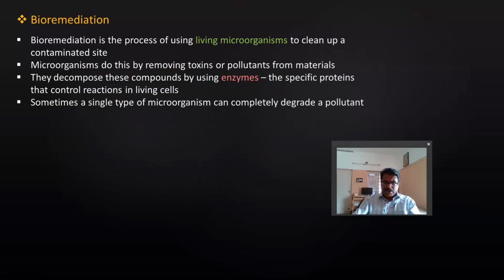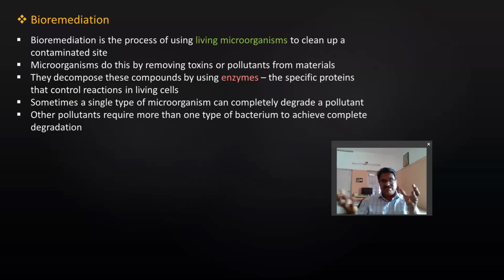Most of the time, a single type of microorganism can completely degrade a pollutant, but at other times a consortium of many bacteria is needed for the complete degradation of a particular pollutant.